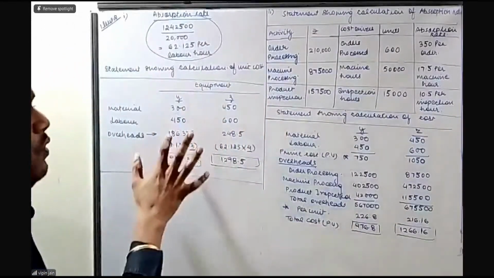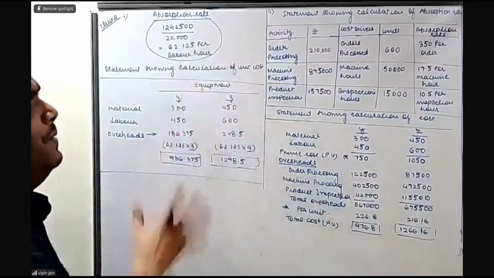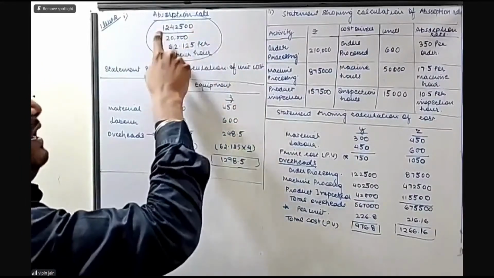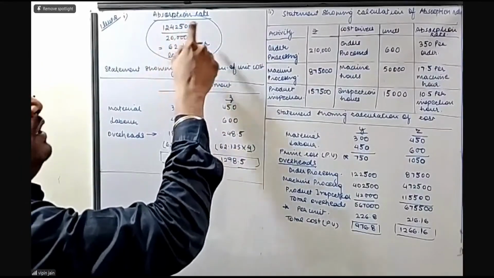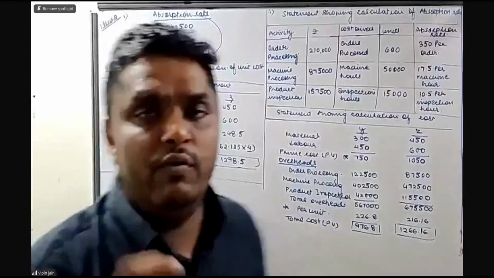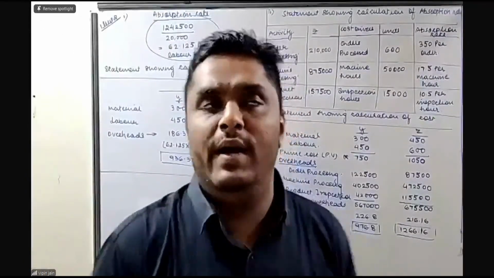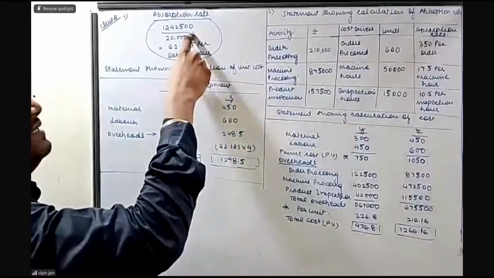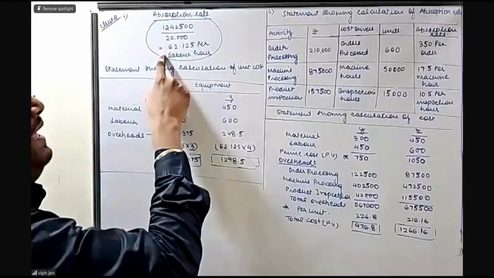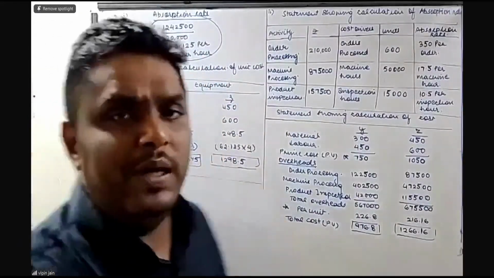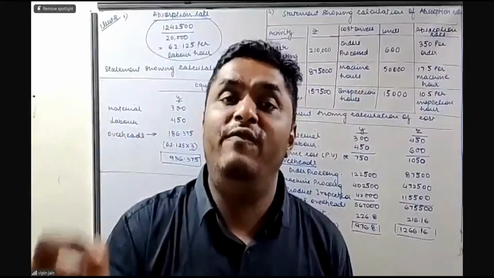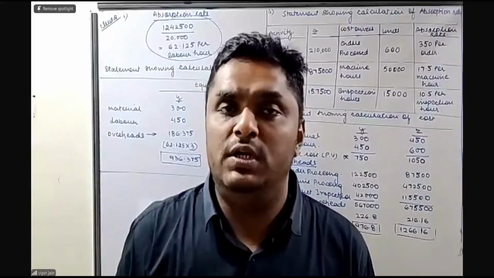So here my total overheads are 12,42,500. And the question is asking me to absorb the overheads on the basis of total labor hours. So my total labor hours are 20,000. So accordingly, overheads are how much? 62.125 per labor hour. This is the absorption rate.